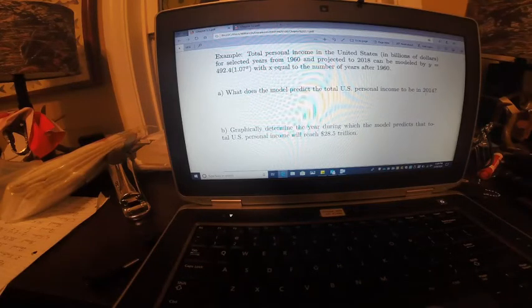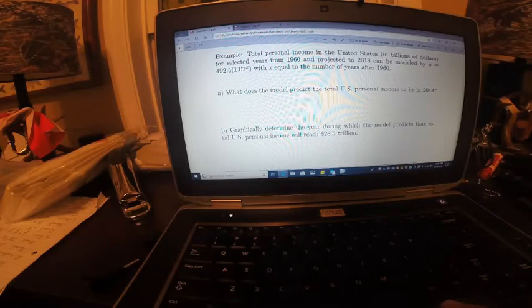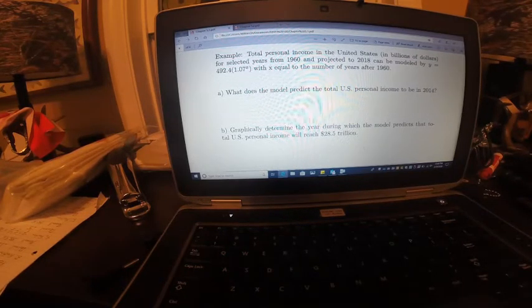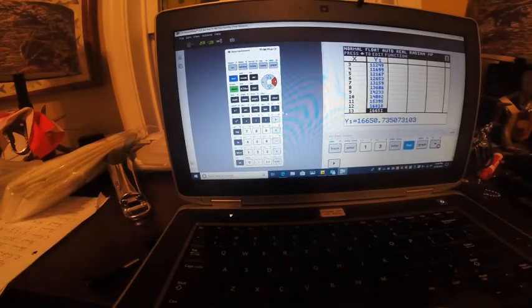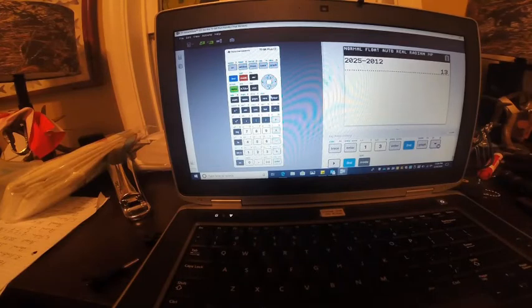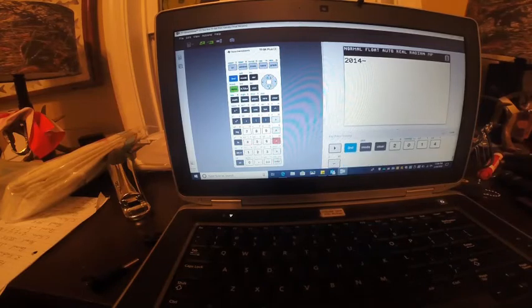Okay, we need to figure out what x is. X is the difference between 2014 and our initial year of 1960. So let's do 2014 minus 1960. So we'll get out of this screen. We will do 2014 minus 1960.